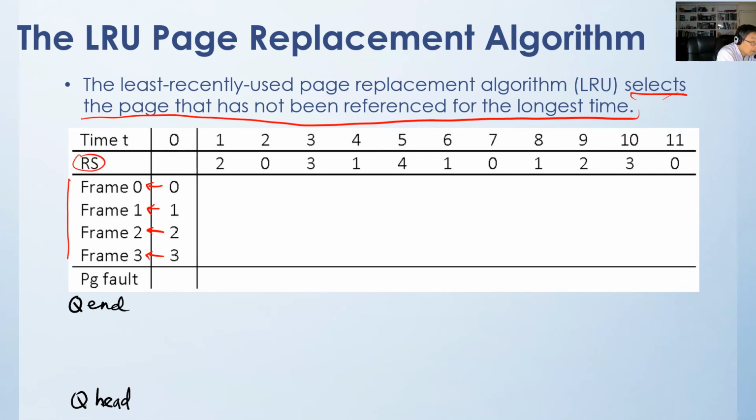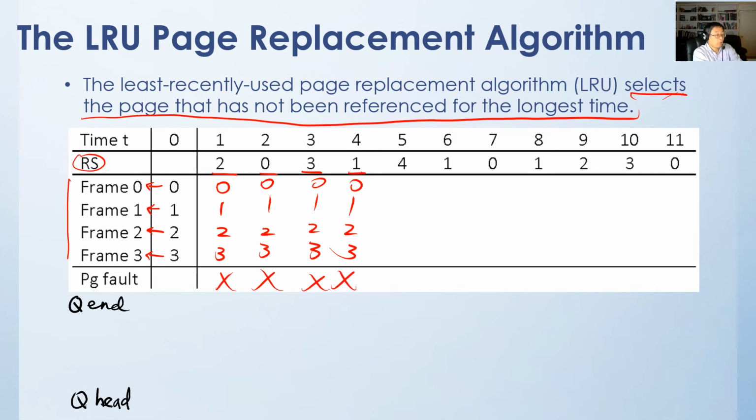For the first 4 references, 2, 0, 3, 1, since these pages are already in the physical memory, there's no page fault. So we keep the pages in the physical memory.